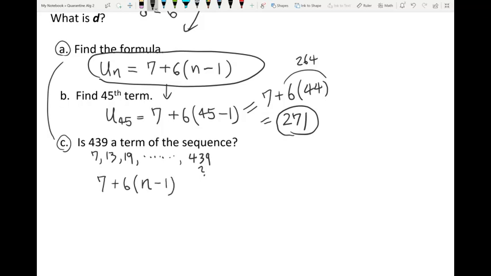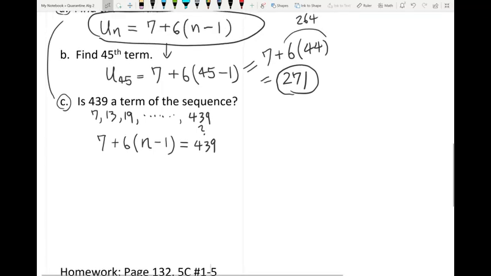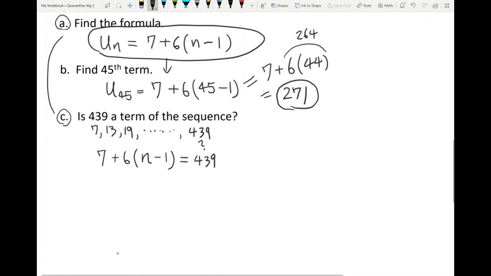But we're going to set this formula equal to 439. And then we're going to solve for n. Let's solve for n here by distributing 6 first. So we have 7 plus 6n minus 6 equals 439.